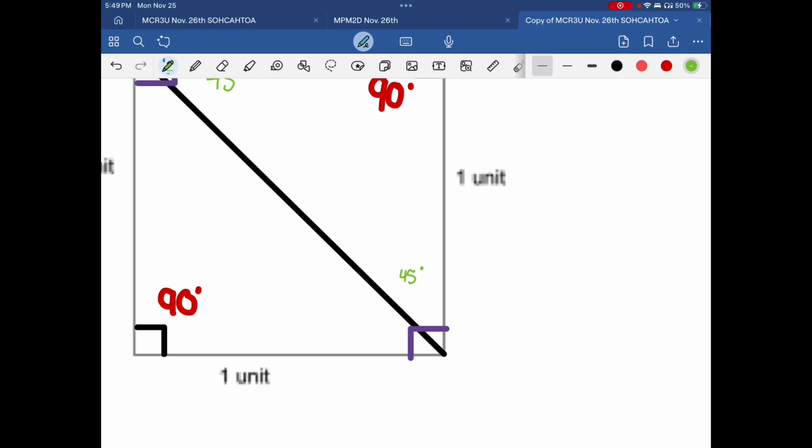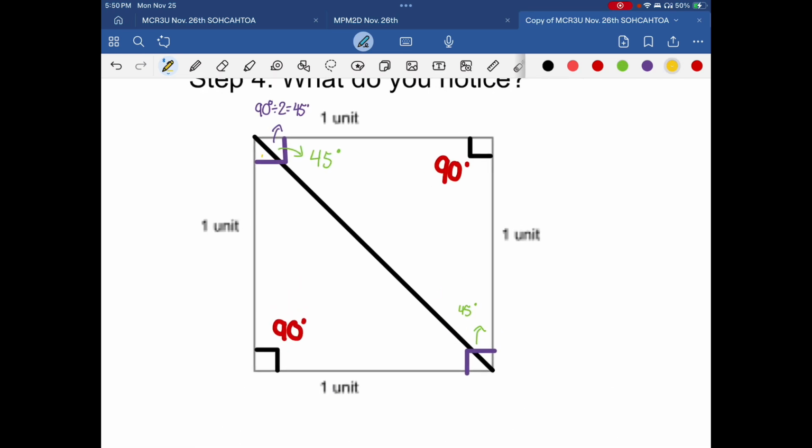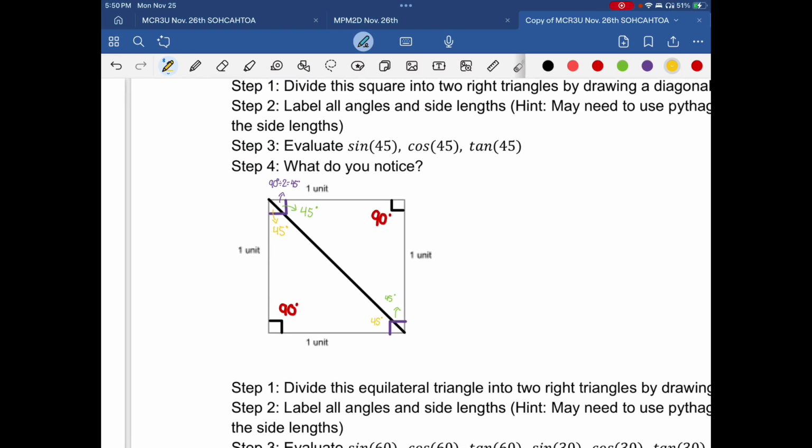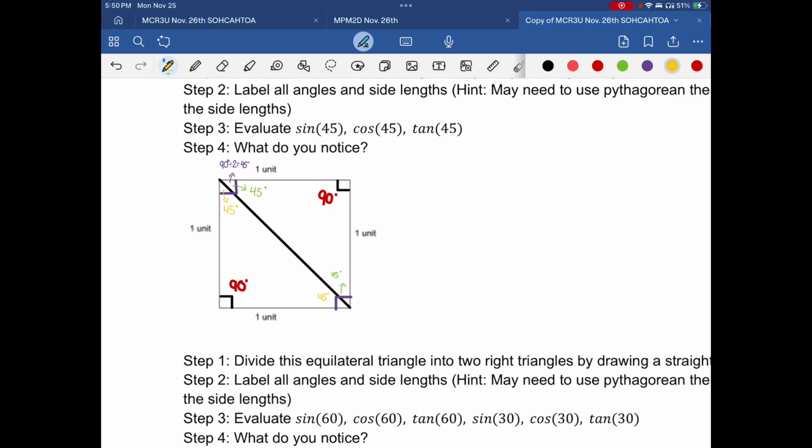And I know 90 degrees divided by 2 is 45 degrees. But that also means that the lower half of my triangles, I've also created a 45-degree, 90-degree, and another 45-degree. Okay, so I have essentially created two triangles.